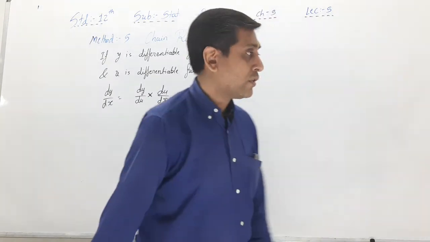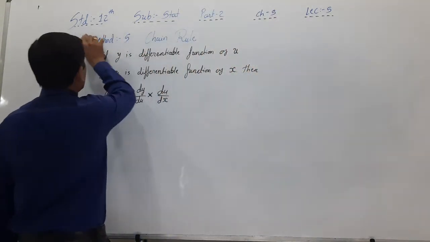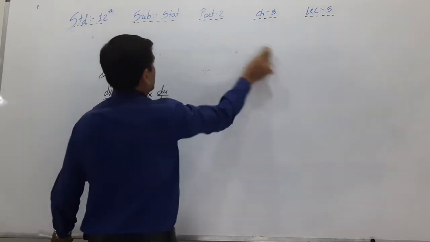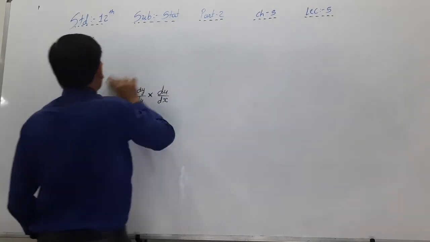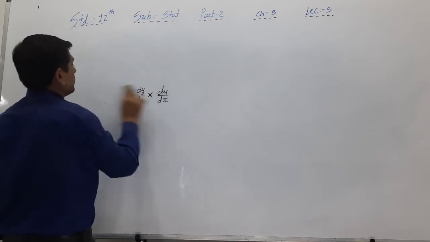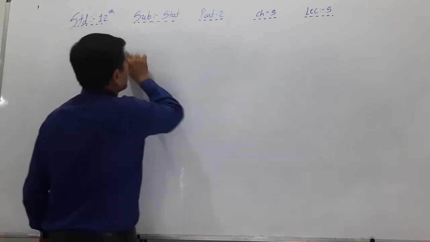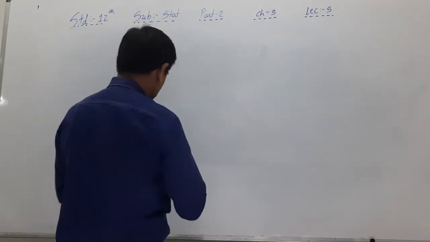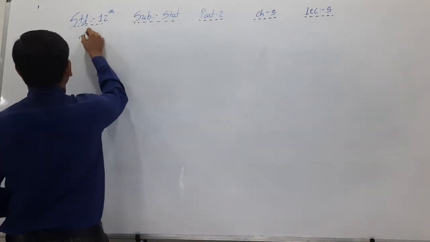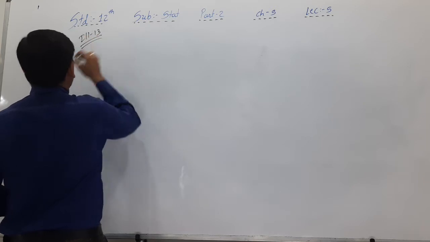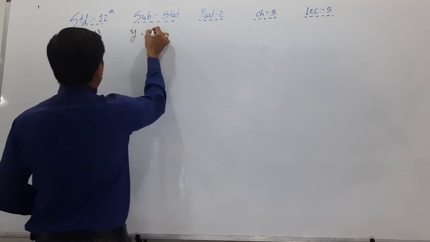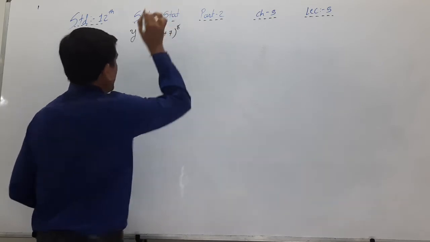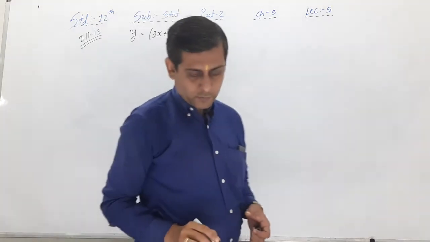Okay, how? See, we start our illustration number 13. Y is equal to 3x plus 7 raised to 8. Right?